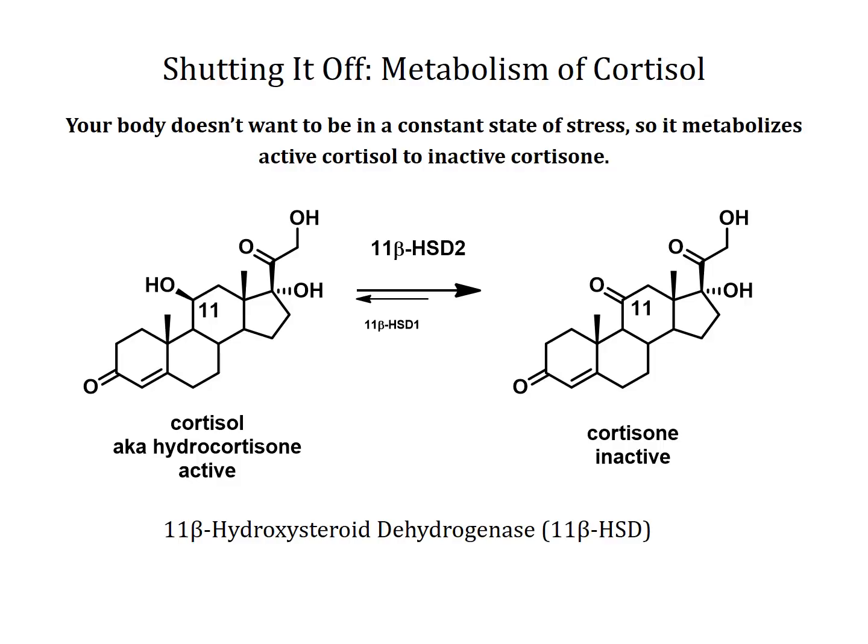So it's just another way to regulate the effect of this stress response hormone. We can regulate it through negative feedback, or we can inactivate it through this enzyme here, this 11-beta hydroxysteroid dehydrogenase type 2 enzyme can make it an inactive hormone, okay?